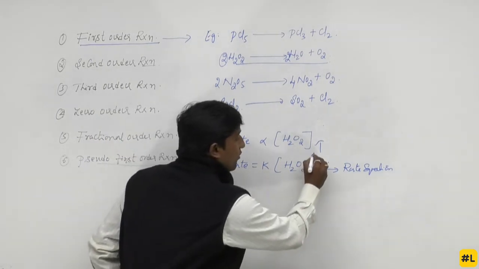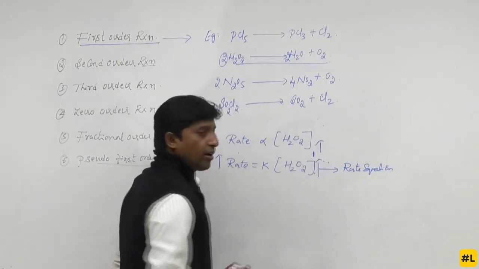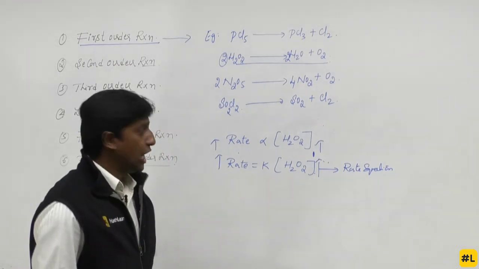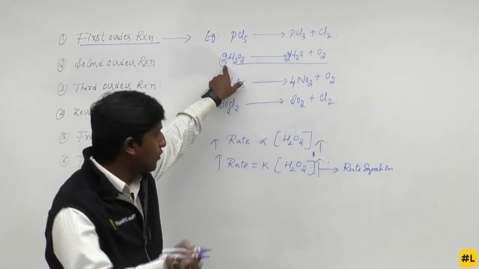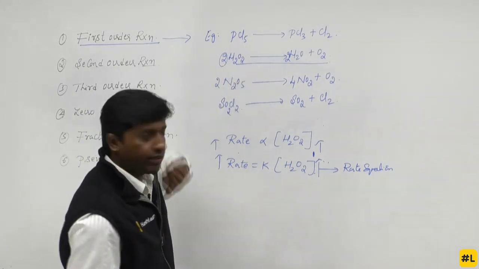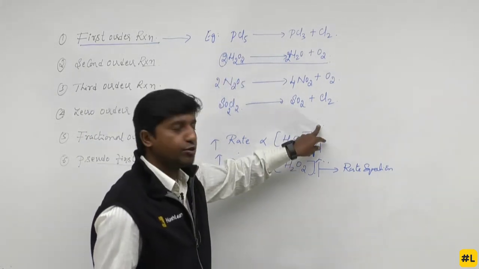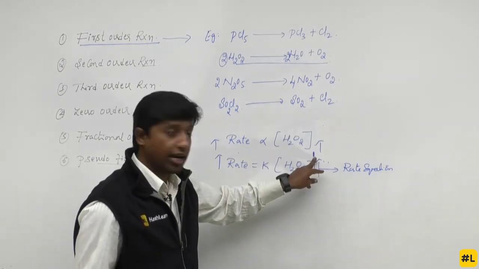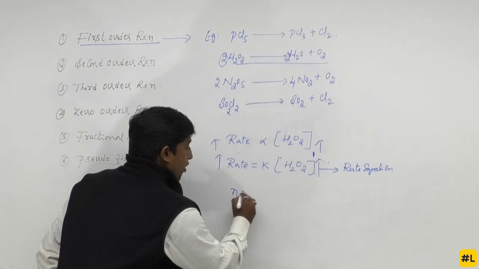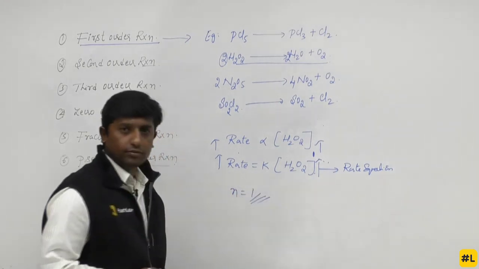Hence, the order of the reaction with respect to hydrogen peroxide, I take it as 1. You can see that the stoichiometric coefficient is 2. If I want to write the equation by following the law of mass action, I should raise the concentration of reactant to the power 2. But here I am getting 1. So, I write the order of reaction is 1.